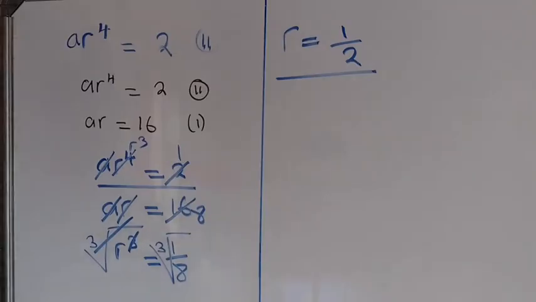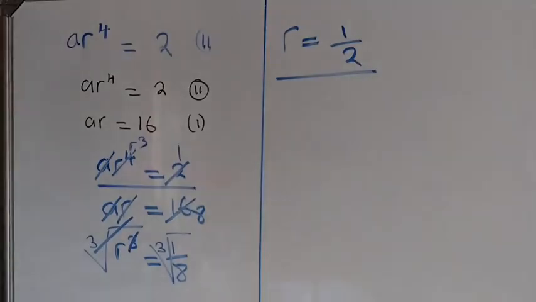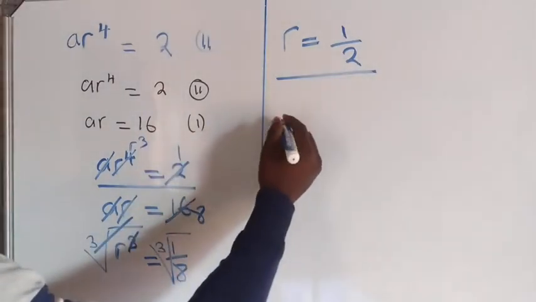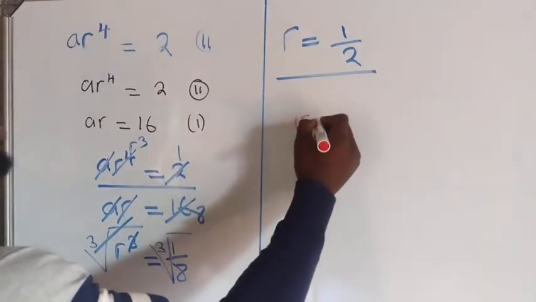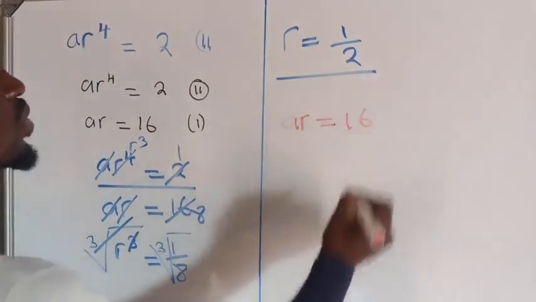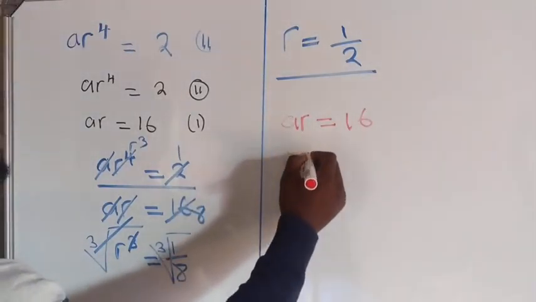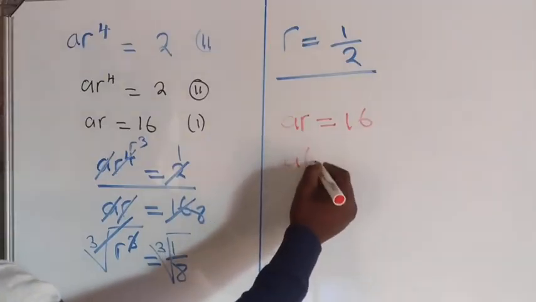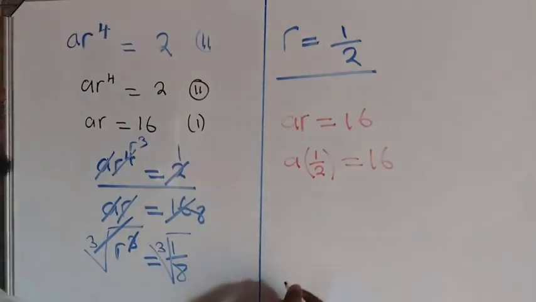So upon finding the value of the common ratio, we can pick either equation 1 or equation 2 to find the first term. Let's say we pick equation 1, and our equation 1 is ar equal to 16. You can pick any equation to give you the same answer. So we have a, open bracket, where there is r we put 1 over 2, is equal to 16.